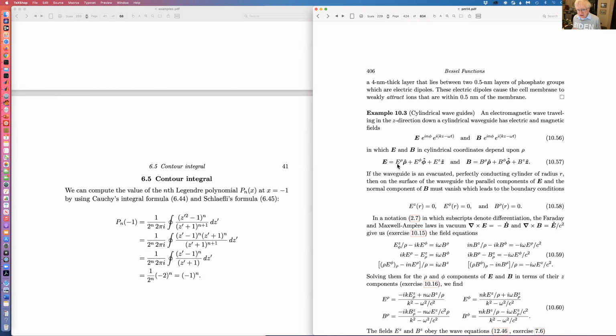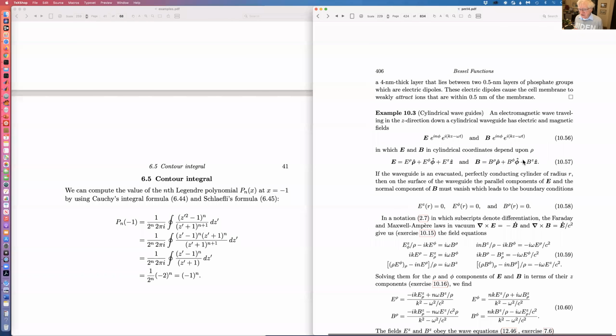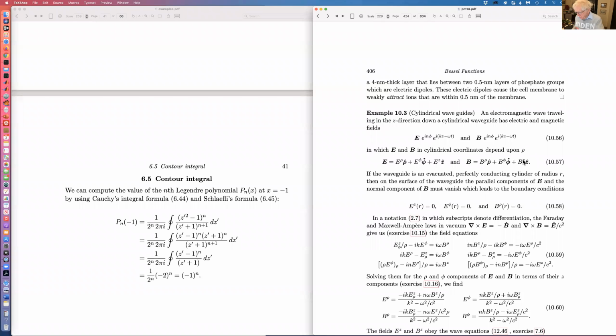So E only has rho and phi dependence. And over here, B, if you have a transverse magnetic field, then Bz vanishes. So the picture, let me just draw you the picture here.